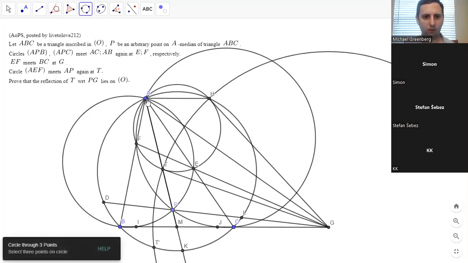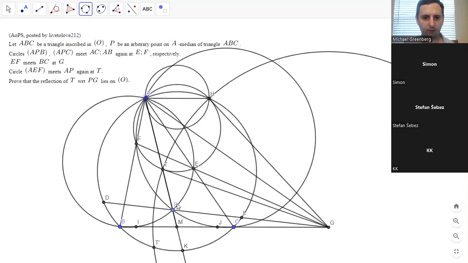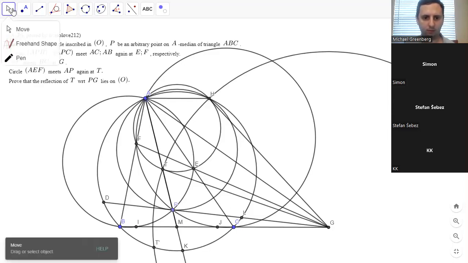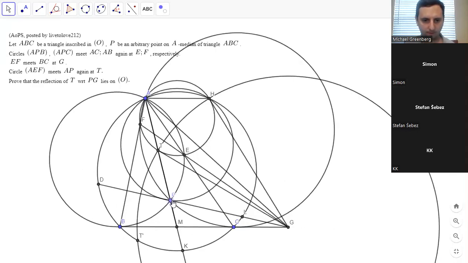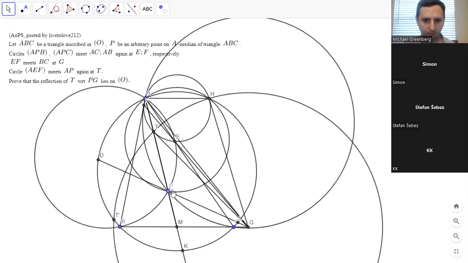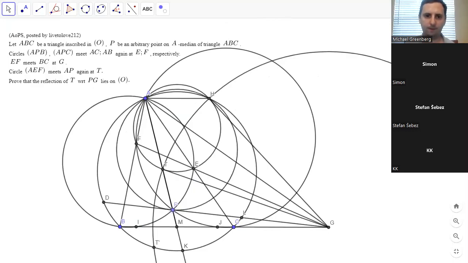So if I draw the circumcircle of AHP, I wonder if HP is tangent to that circle. No, it's not. Or I was going to say GP, not HP.